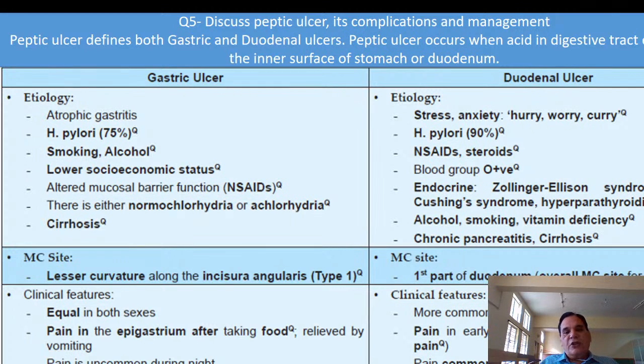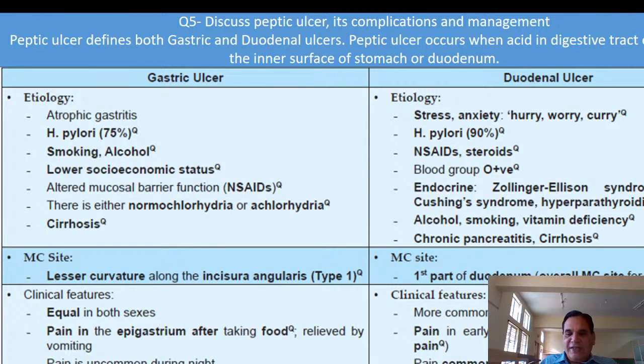Why does peptic ulcer occur? Peptic ulcer occurs when acid in the digestive tract eats away the inner surface of your own stomach or duodenum. That means your own acid is eating your body. It is like flesh-eating bacteria, which eat your own cells. Similarly, your own acid, if not controlled, will eat your stomach.